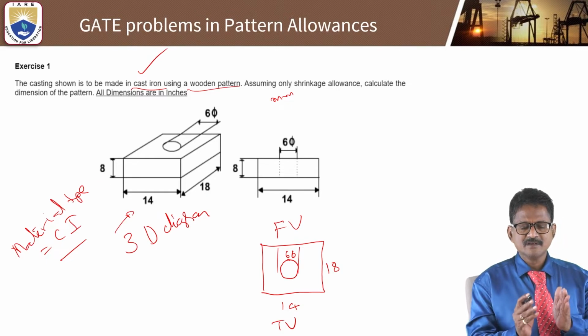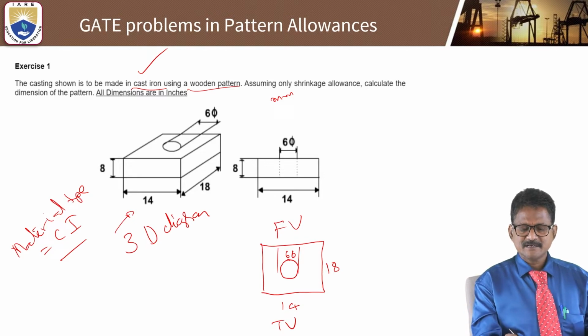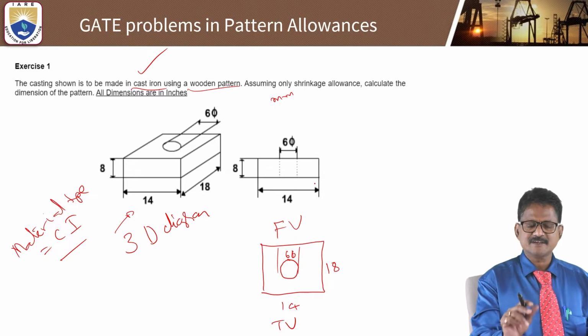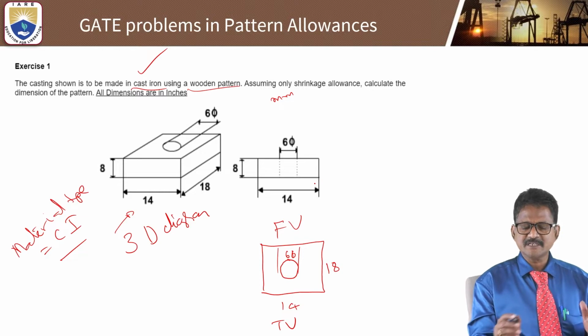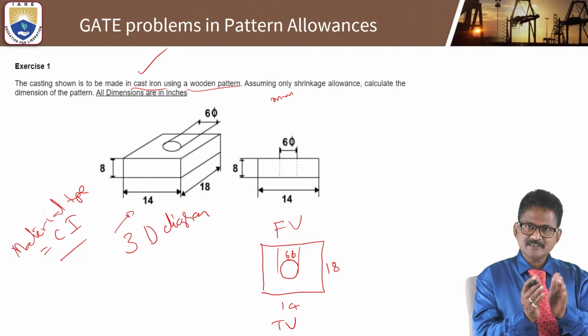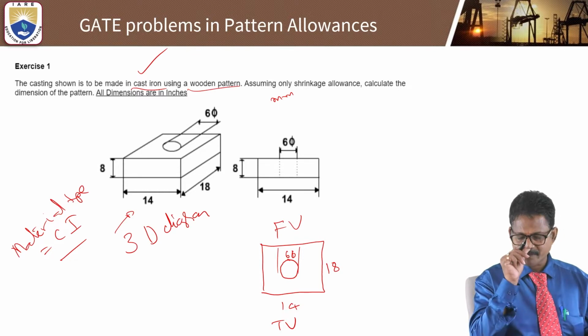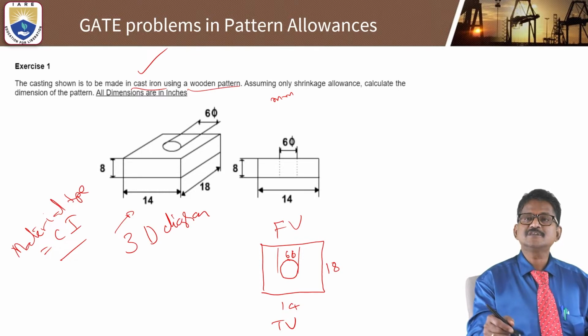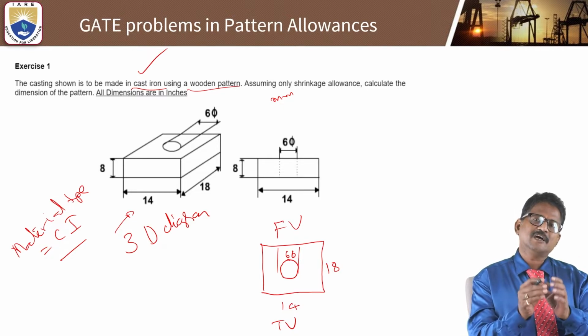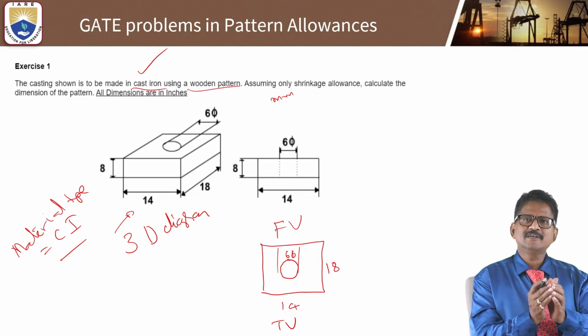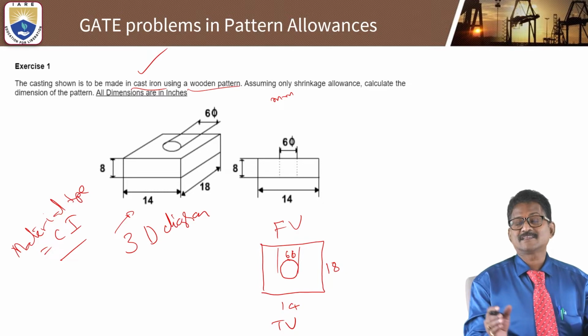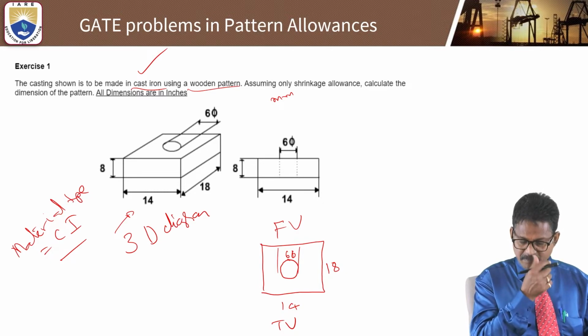First of all, what is the length? From the front you can see this is the length and width. Whatever the material, when you want to apply shrinkage you consider the length and the height only. And the hollow portion: the actual diameter will contract, or expansion can occur, so that is also very important.